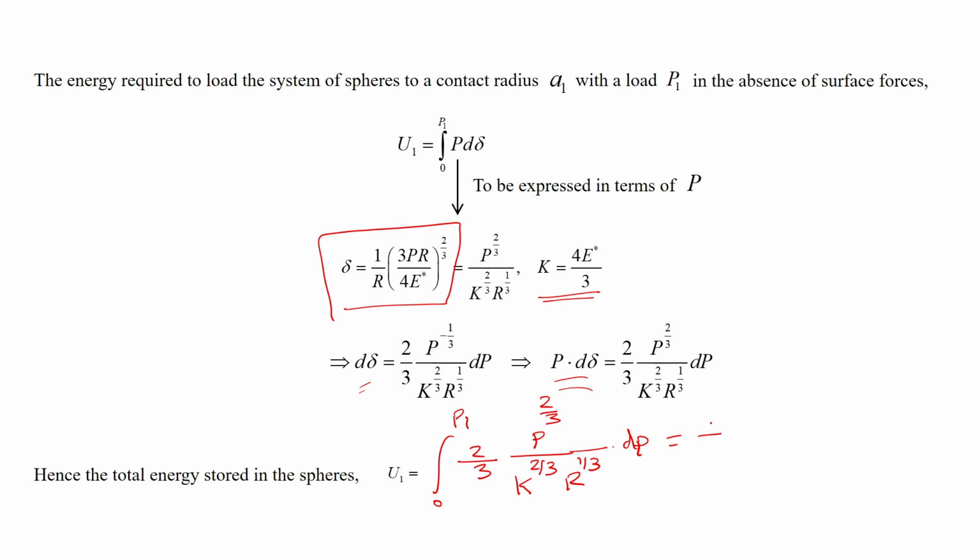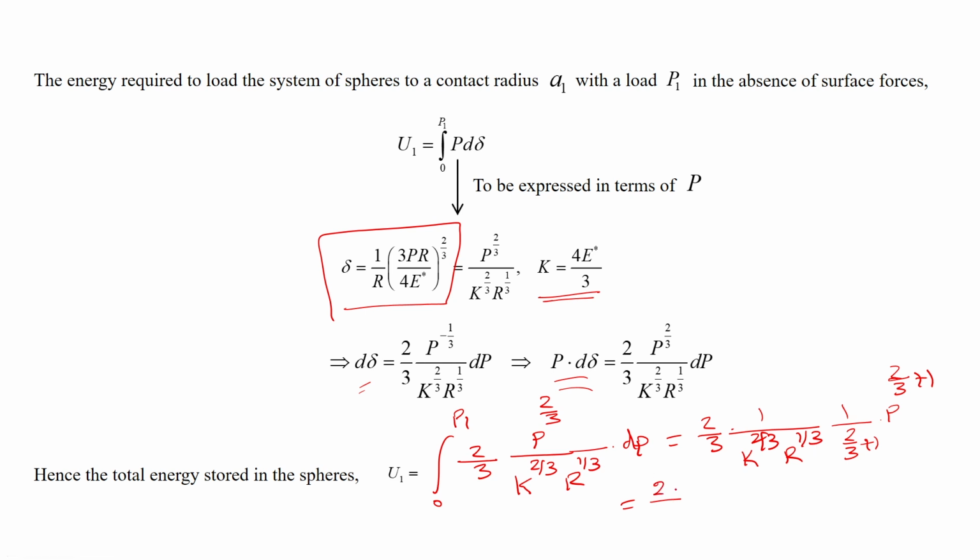So, it will be 2 by 3 times 1 by capital K to the power 2 by 3 R to the power 1 by 3, and the integral of P to the power 2 by 3 gives P to the power 2 by 3 plus 1, so this will be 5 by 3.